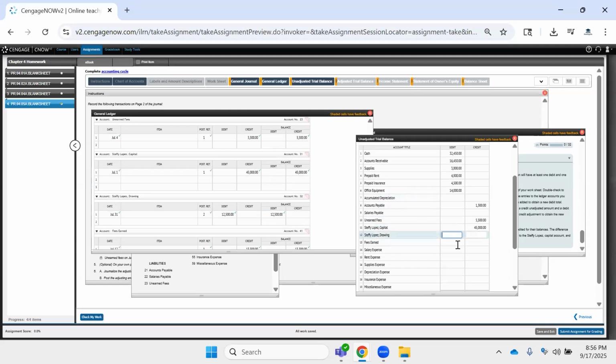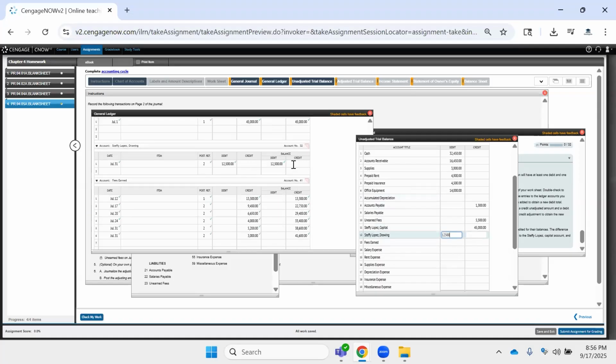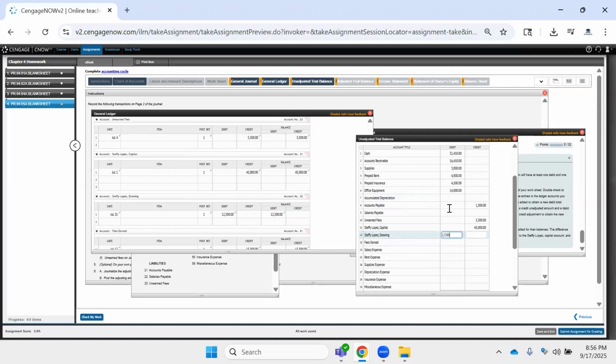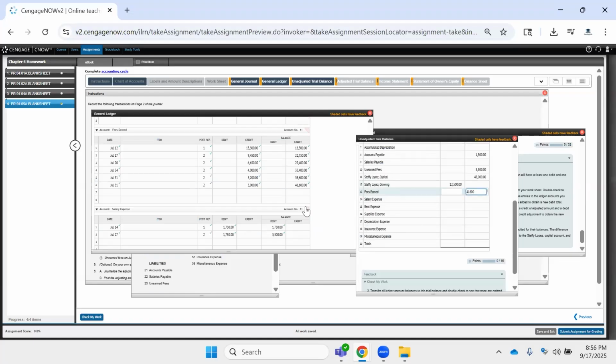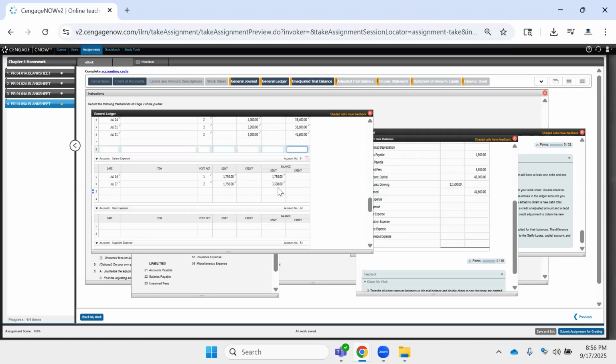And now this should be the same as whatever you have in your general journal, but still make sure that your debits and credits are making sense. Now, what is fees earned? We have our fees earned, that's a credit, and then our expenses.